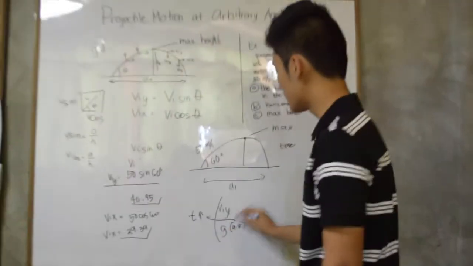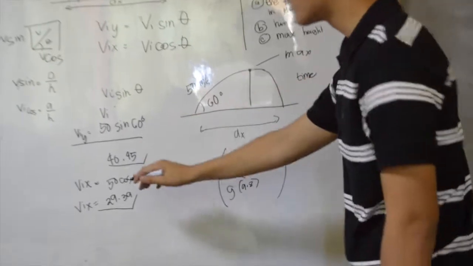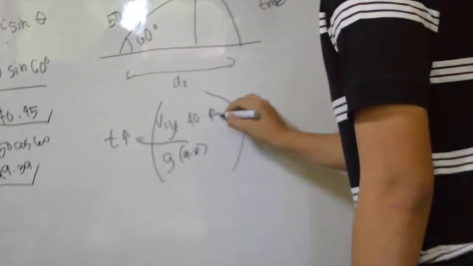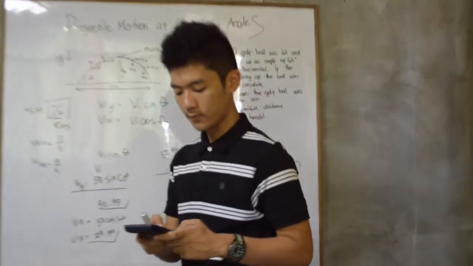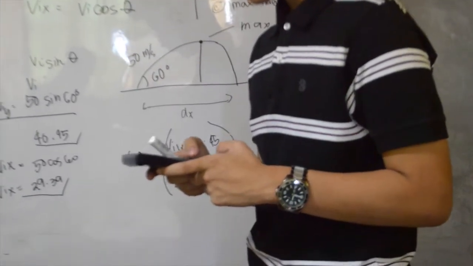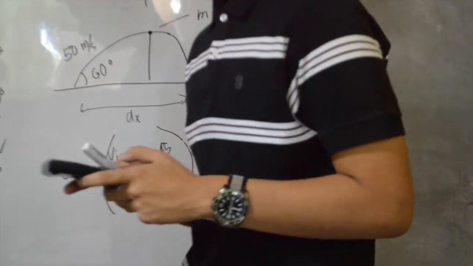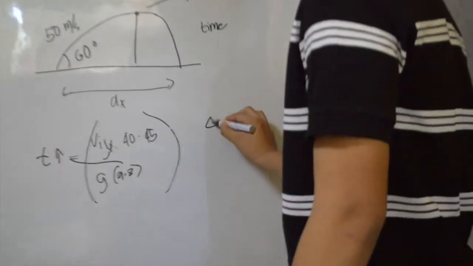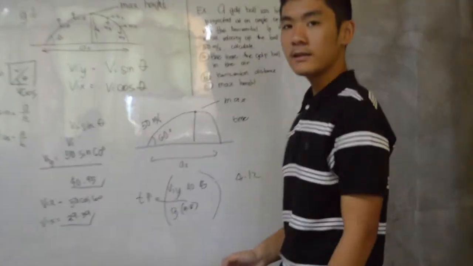VIy equals 50 sine 60, which is 40.45. So 40.45 divided by 9.8 is 4.12. That is only the time up.